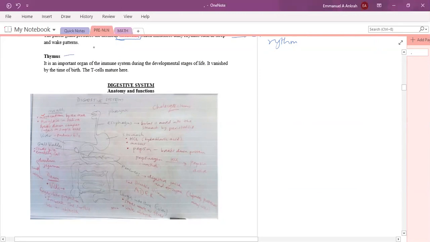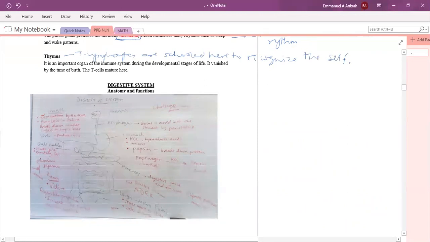So we say that the T cells, or T lymphocytes, are schooled here to recognize the self. Yeah.